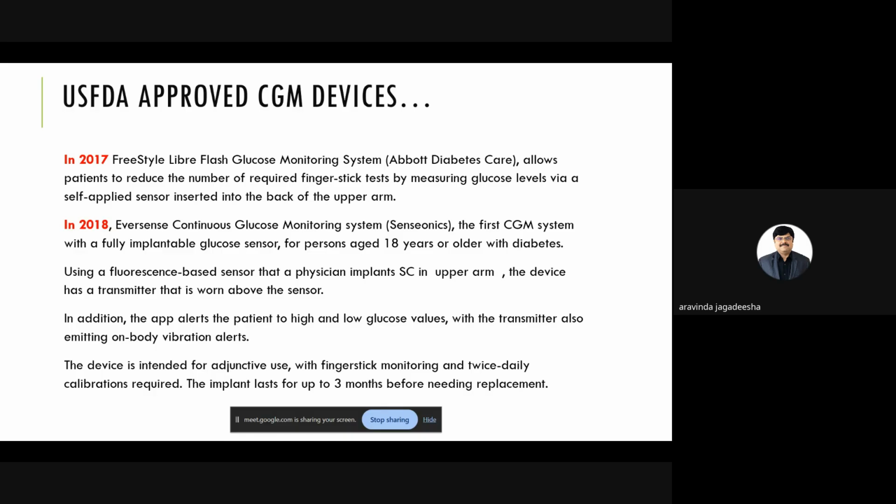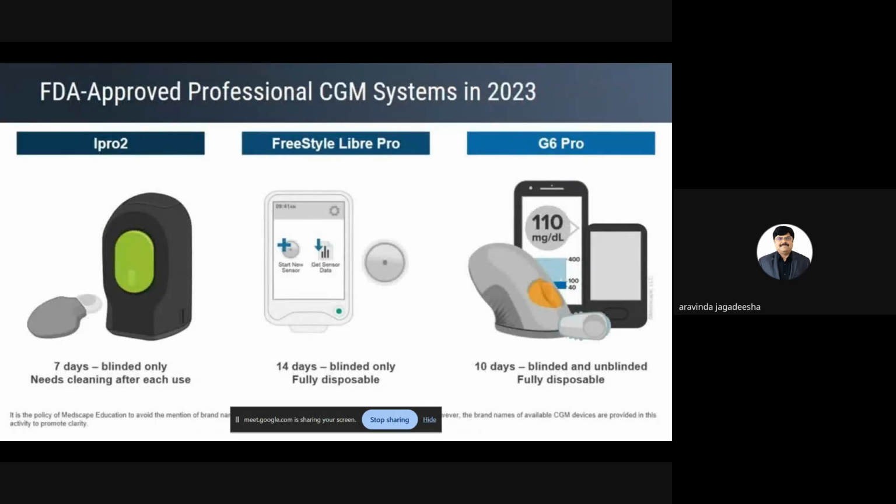In addition, the app alerts the patients to high and low glucose levels, with the transmitter also emitting on-body vibration alerts. The device is intended for adjunctive use with finger stick monitoring, and twice daily calibration is required. The implant lasts for up to 3 months before needing replacement.